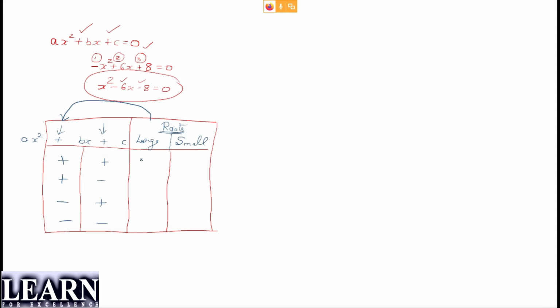Just make a note of it: minus, minus, plus, plus. Is it clear? The larger root will always be opposite to the first sign. So this is one hint you can get from this, guys. Next, the smaller root depends on the first sign again, whether it is positive or negative.